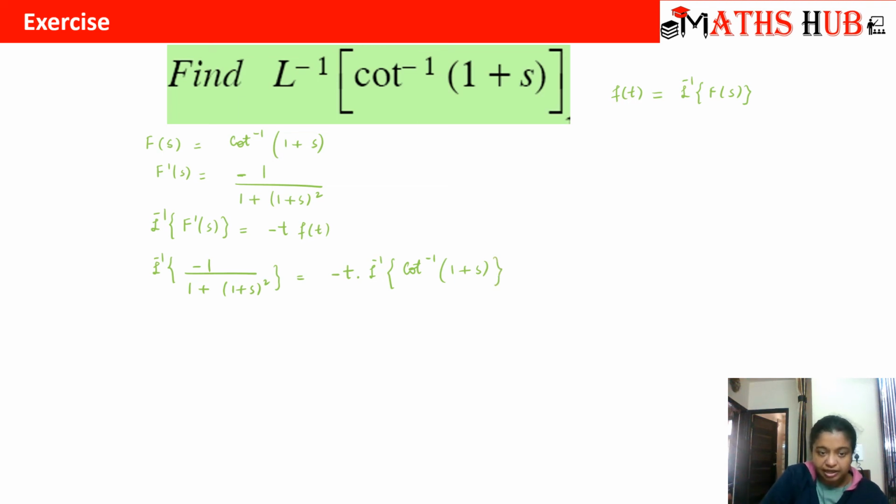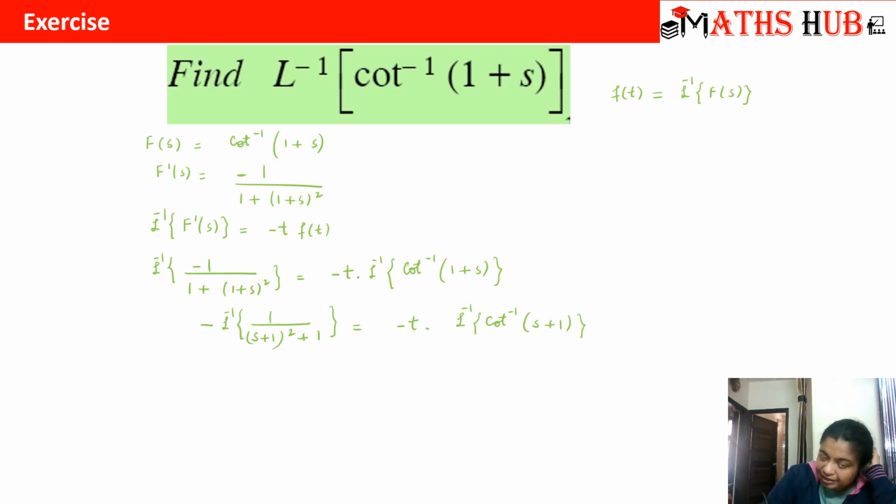So you can take this negative sign outside. This is Laplace inverse of 1 by, I can rearrange the terms and write it like this, equal to minus t into Laplace inverse of cot inverse of s plus 1 or 1 plus s, right?